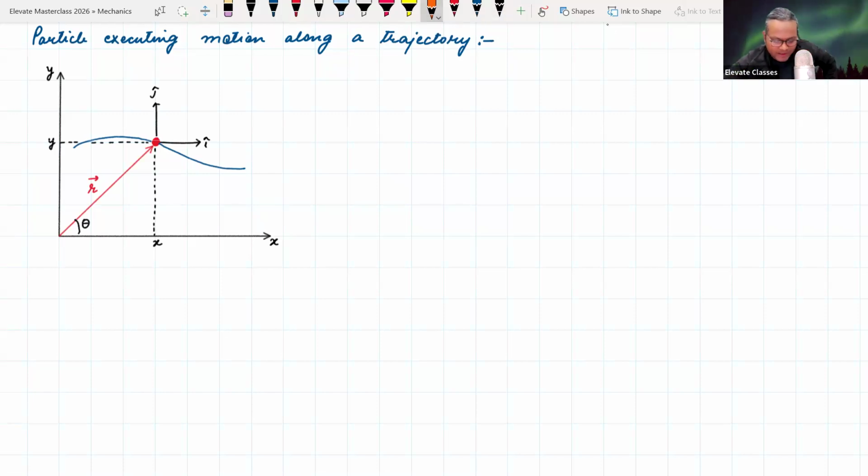Now, if I make a comparison with the radial vectors, the radial vector will be in the outward direction, and the vector along the transverse direction will be in this particular direction, so theta cap.